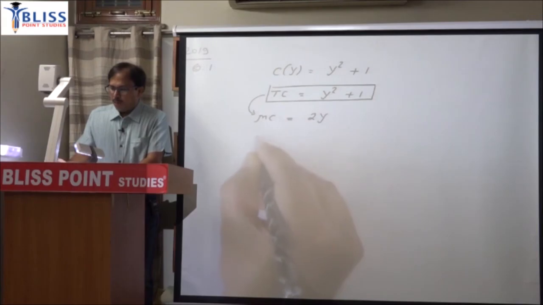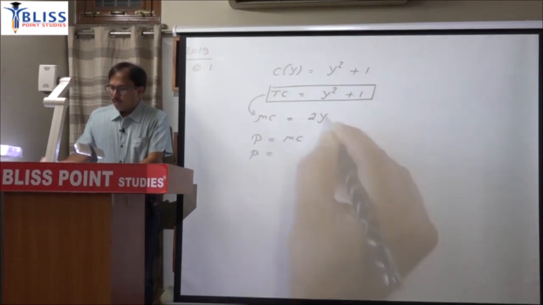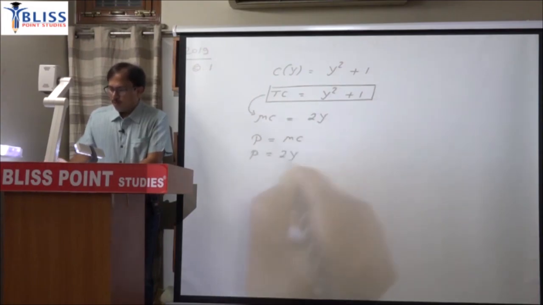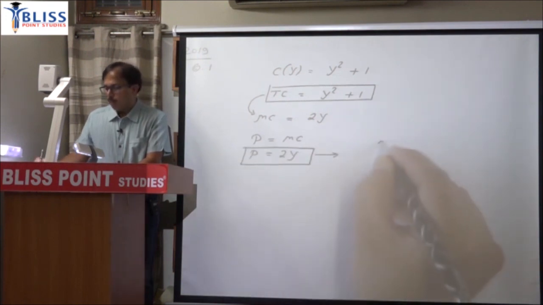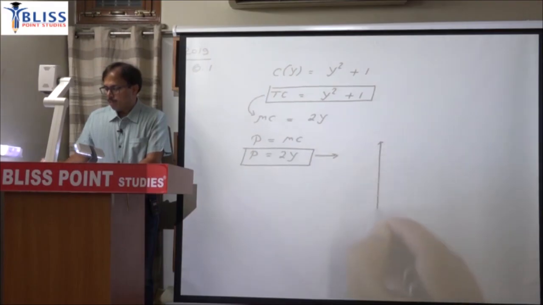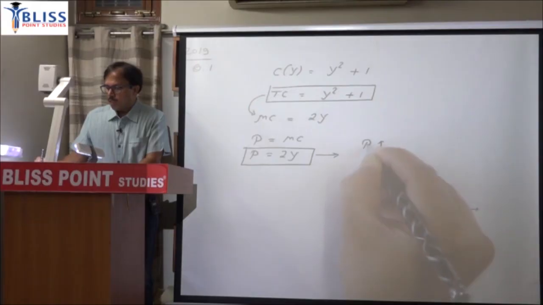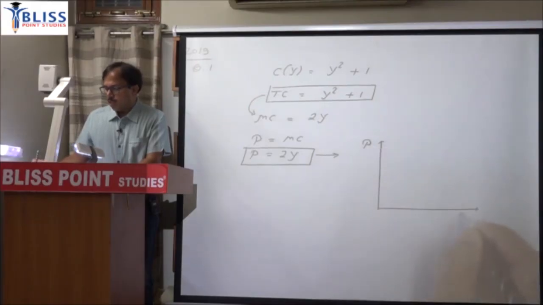And when you write the supply curve, write P equal to MC, and in place of that marginal cost write 2y. Y is output. So this is your inverse supply curve, and plot that inverse supply curve graphically. So on the vertical axis price, on the horizontal axis output, or you can write y.